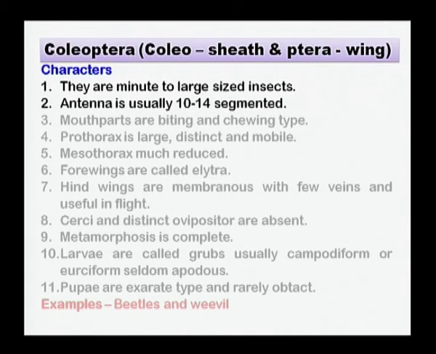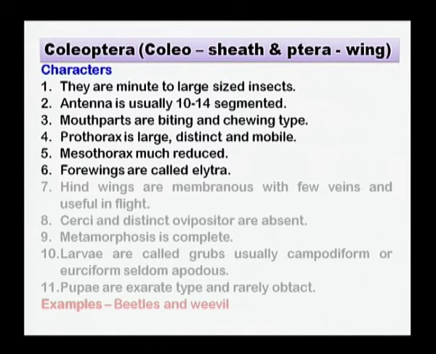Antenna is usually 10 to 14 segmented. Mouth parts are biting and chewing type. Prothorax is large, distinct and mobile. Mesothorax is very much reduced. Forewings are known as elytra.